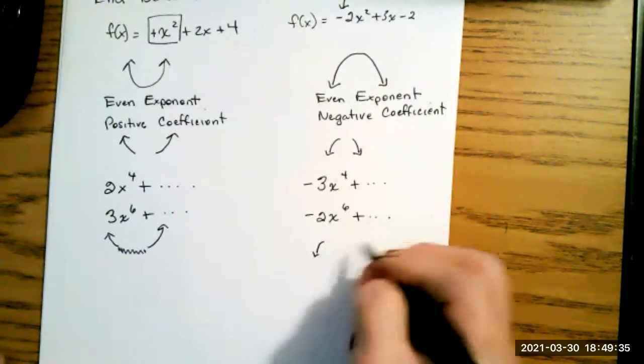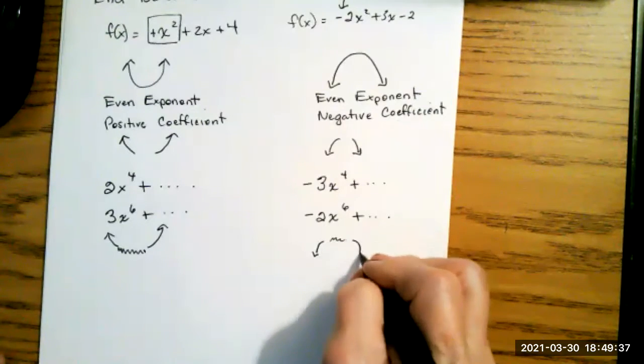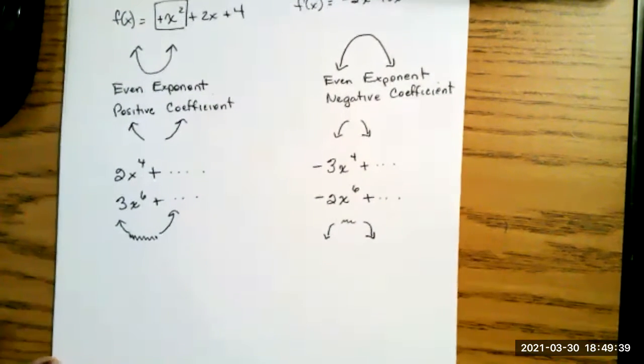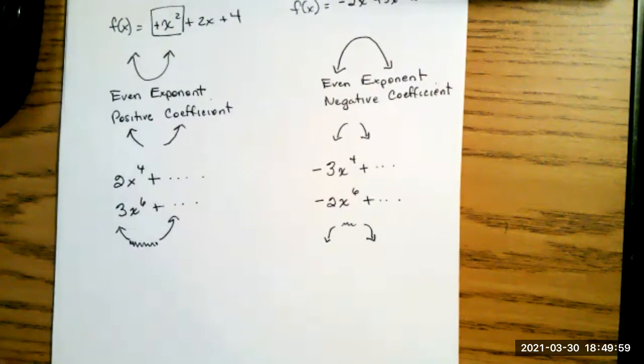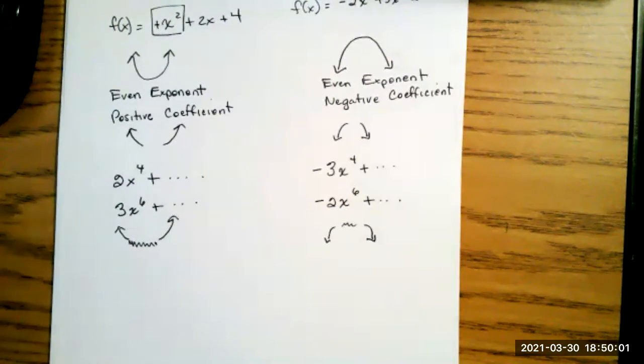So we don't know exactly what happens in the middle, but we know the ending behaviors are both pointing down. Even exponents, positive points up, negative points down, they both go the same way. Are we good with that? All right, so if we have even, positive, negative, what's the other two options?